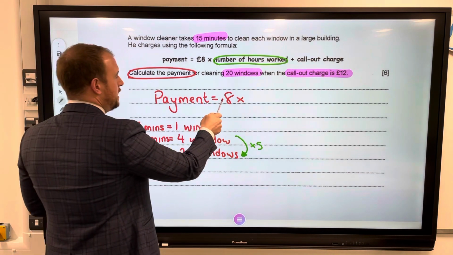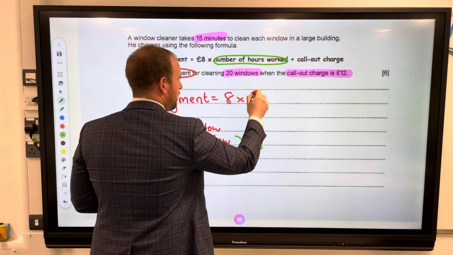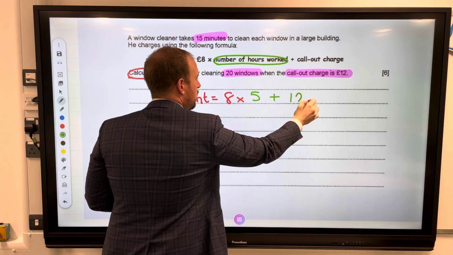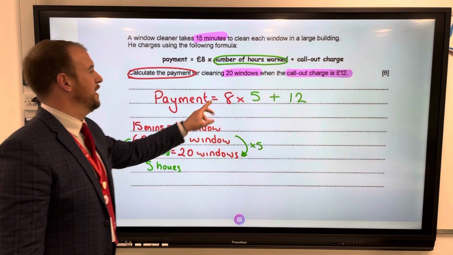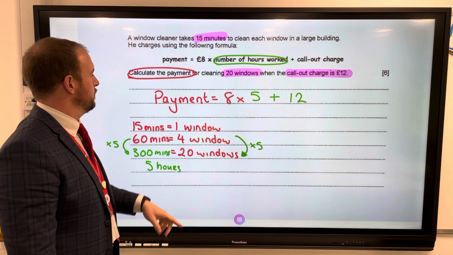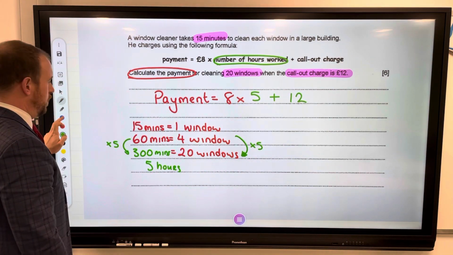So the payment is £8 multiplied by the number of hours worked, which we said was 5, and then plus a call-out charge of 12. Now that looks a lot easier than all of this. So the payment: 8 times 5, then add 12. Let's work that out.